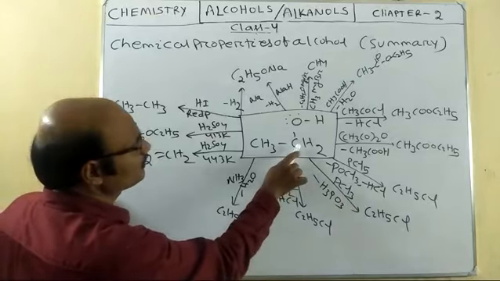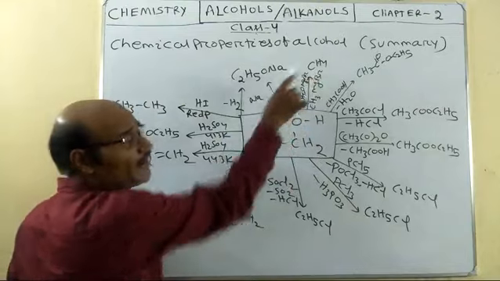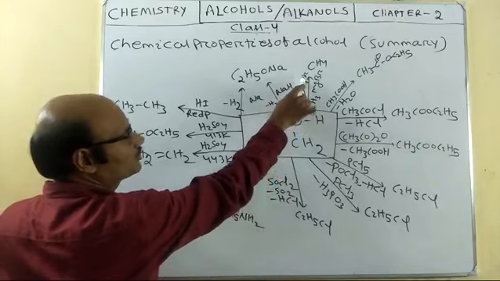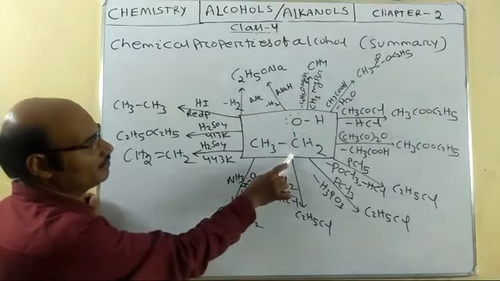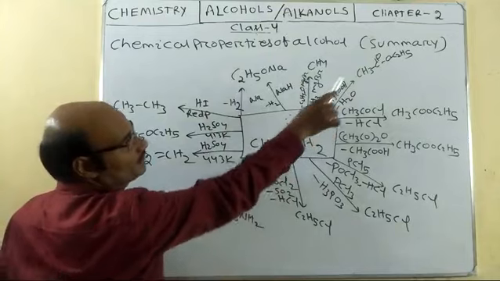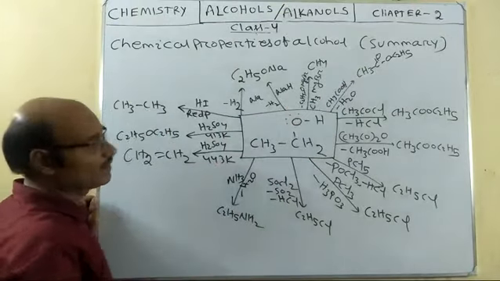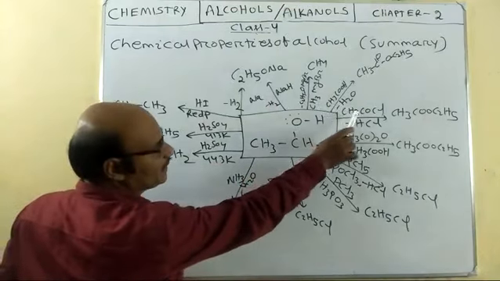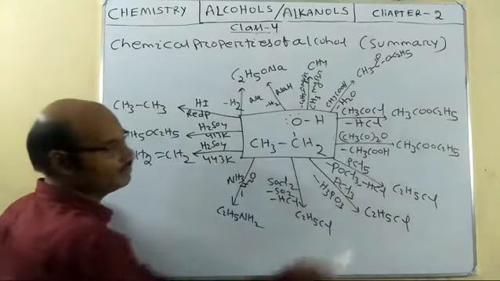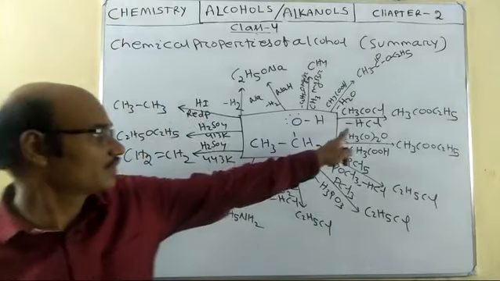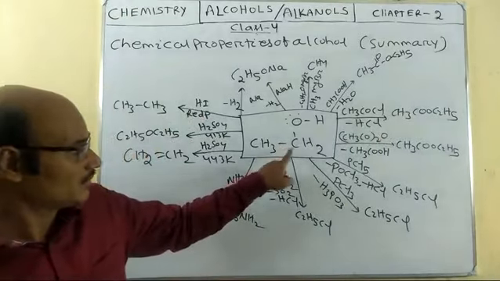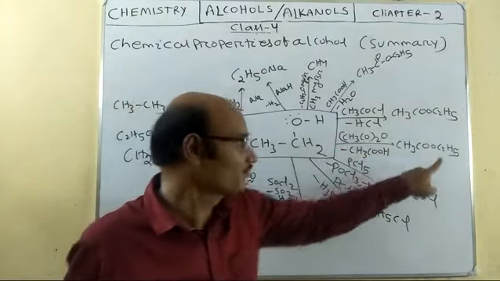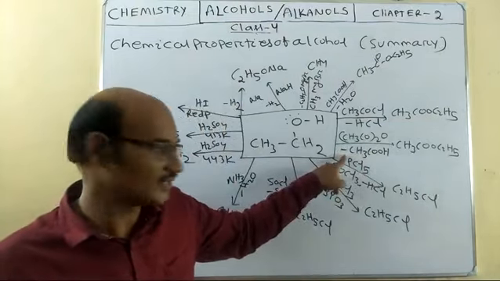With sodium hydride, it gives sodium ethoxide with liberation of hydrogen gas. With methyl magnesium bromide, it gives methane and ethoxy magnesium bromide. With acetic acid, it gives ethyl acetate with liberation of H2O. With acetyl chloride CH3COCl, it gives ethyl acetate with liberation of HCl. With acetic anhydride, it gives ethyl acetate with liberation of acetic acid.